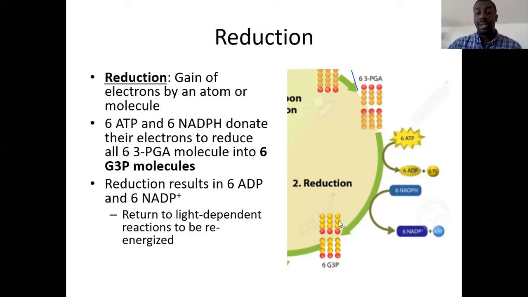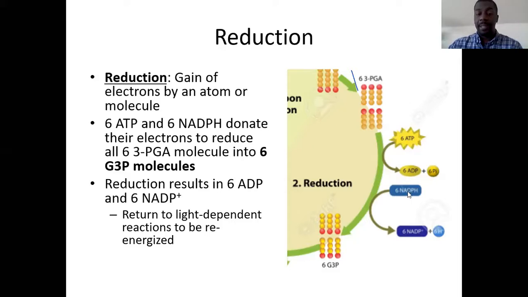Okay. So again, each PGA molecule will interact with 1 ATP and 1 NADPH. In total, we need 6 ATP molecules and 6 NADPH molecules to convert all 6 of these PGA molecules into G3Ps. Now, when we use that ATP, it's eventually going to break down into ADP and a phosphate.